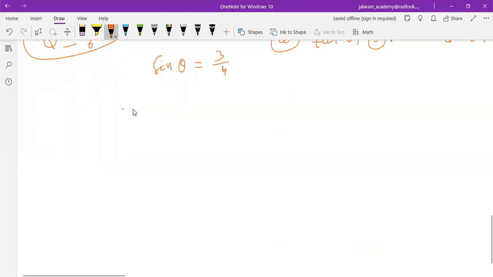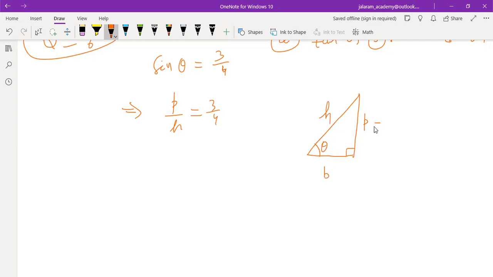So how to use this? We know that sin theta is the ratio of perpendicular upon hypotenuse. So draw a rough triangle. It is a rough triangle, which doesn't mean we draw it carelessly. This is theta, this is perpendicular, this is hypotenuse, and this is base. Now we compare this ratio: P as 3 and hypotenuse as 4.